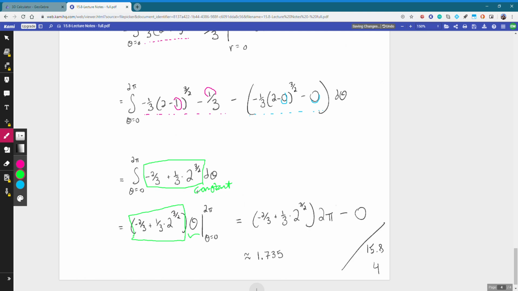So evaluating from 0 to 2 pi, here's us plugging in 2 pi, and it dies when we plug in 0. And so right here is our nice exact form for our final answer, our value for our triple integral. And there's what it is approximately.